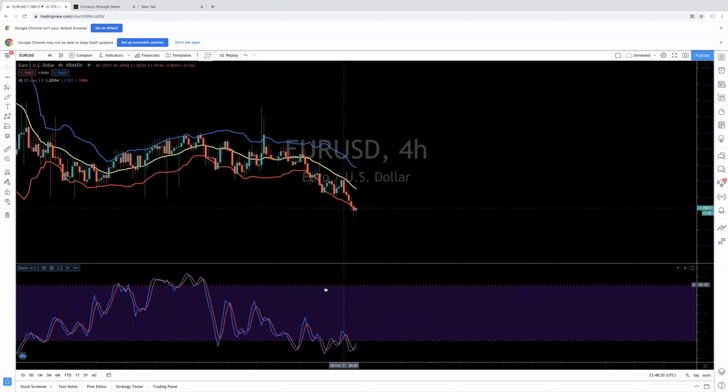Okay, so what we're looking for with the stochastic is we're just looking for confirmation. We're looking for it to say if the currency was overbought or oversold. And we're looking for this because we want to know when it is time to get in.